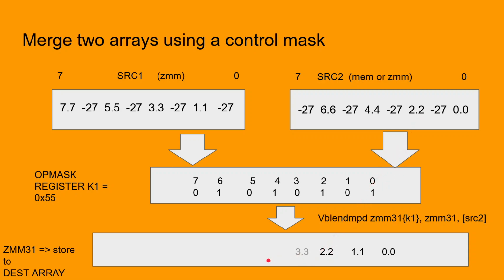And this process continues until all the elements of the destination array are updated. The destination register ZMM31 at this point contains the merged array, which is then stored using the vmovupd instruction to the destination array in memory.